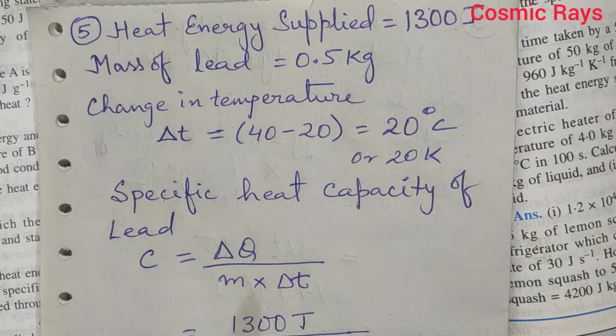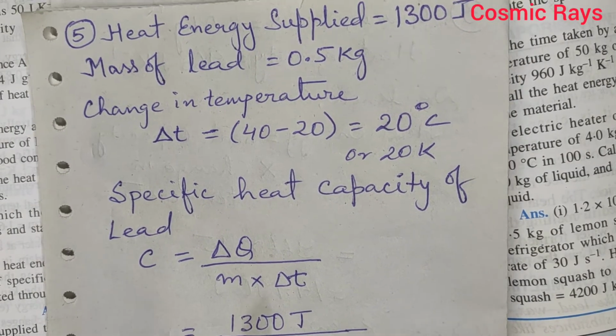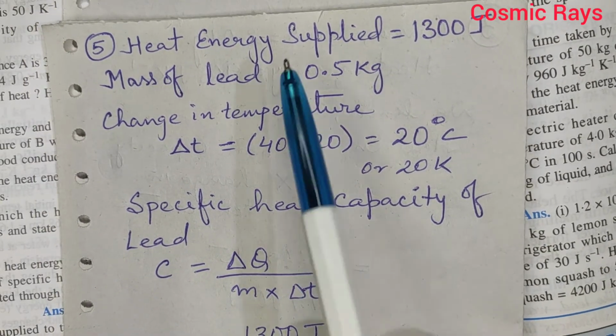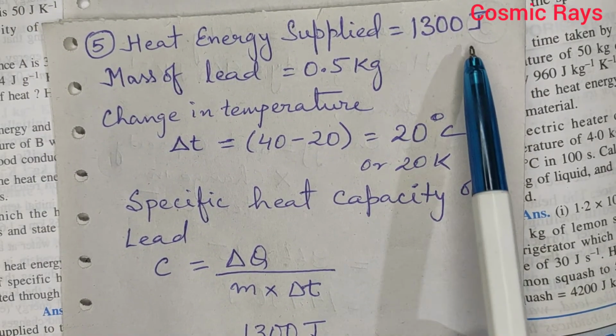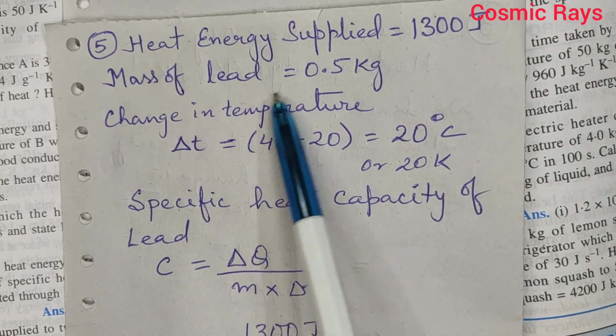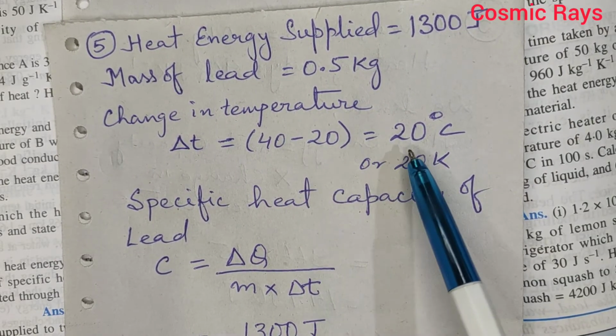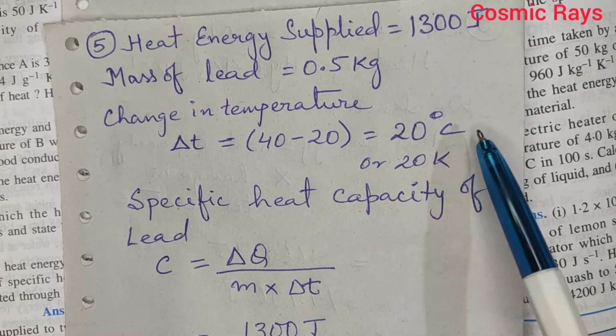So first of all, we write the given things, that is heat energy supplied is 1300 joules, mass of lead is 0.5 kg, change in temperature is 40 minus 20 degrees Celsius or 20 Kelvin.